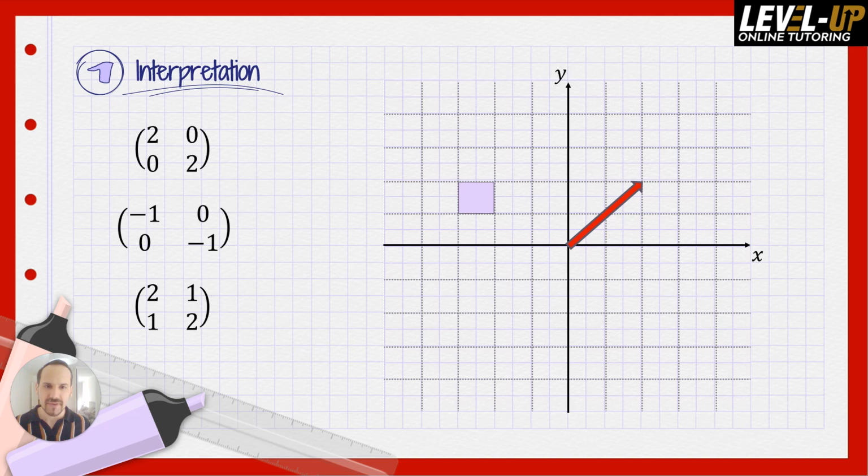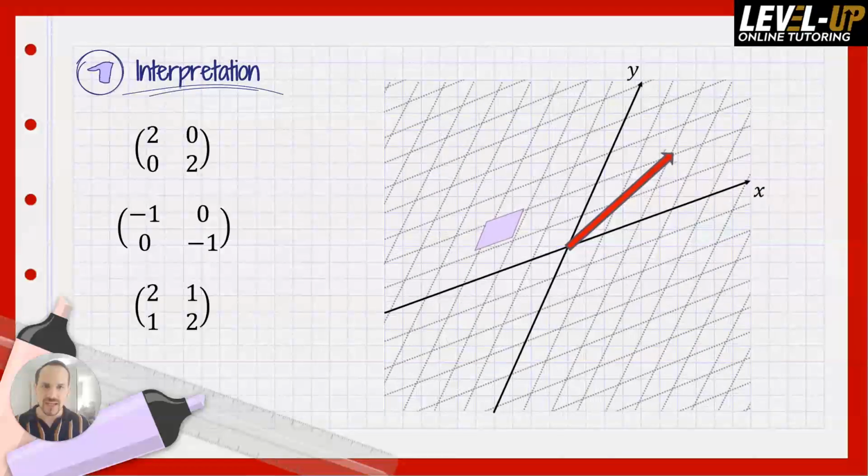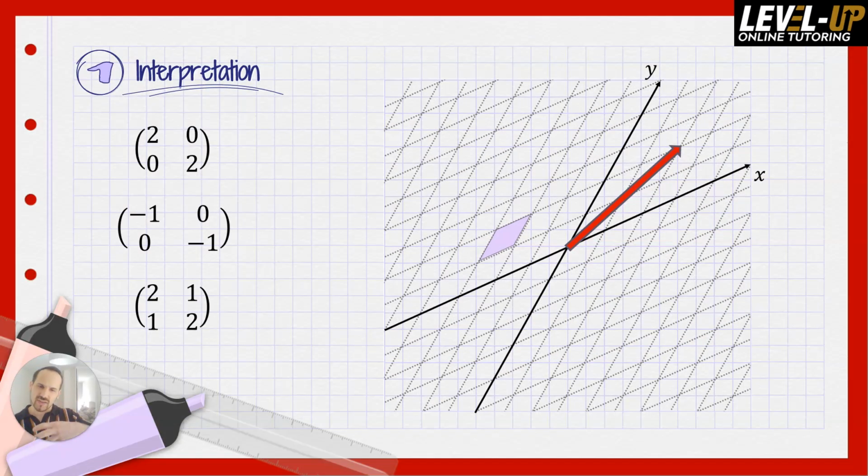What effect would this be having? It's going to do something like this, and it's like stretching it in a diagonal direction. Or there's a way of viewing this as multiple transformations that happen at once. In the next lesson, we're going to look at how you would do multiple transformations in one matrix.